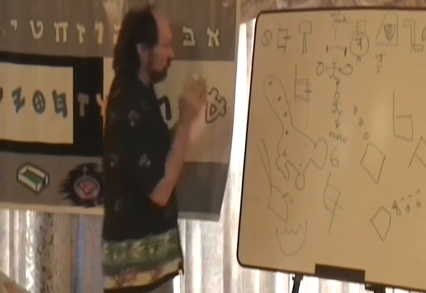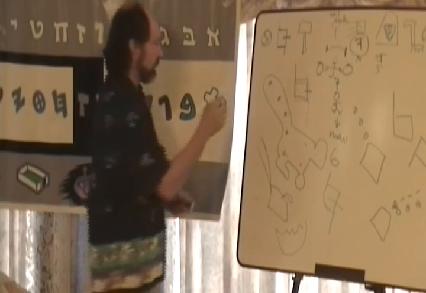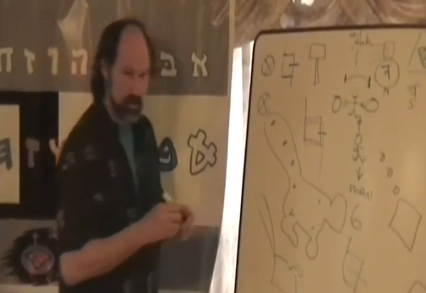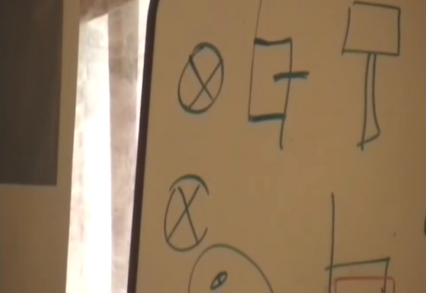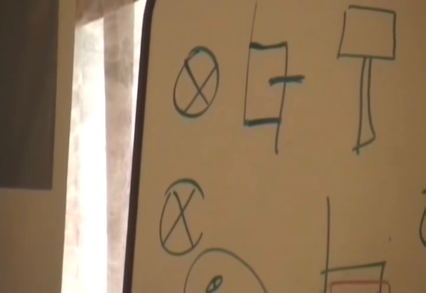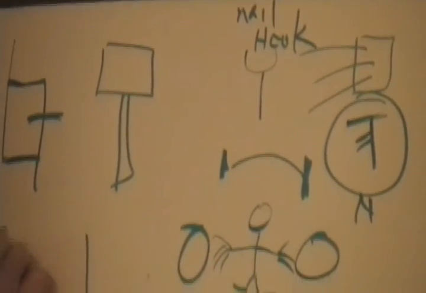Tet looks like a shield. It also looks like a circle with a tav in it, which is to say an authorized signature, a stamp, a branding iron. It's like, here it is. That's it. So tet means 360 degrees because it's a full circle.